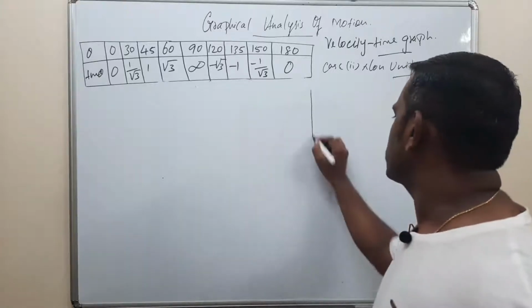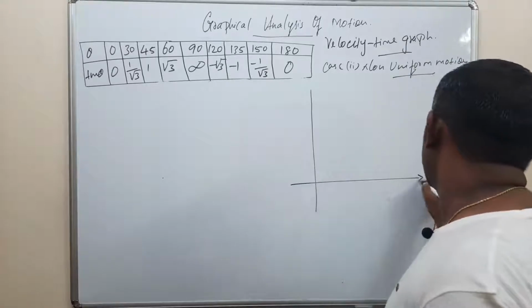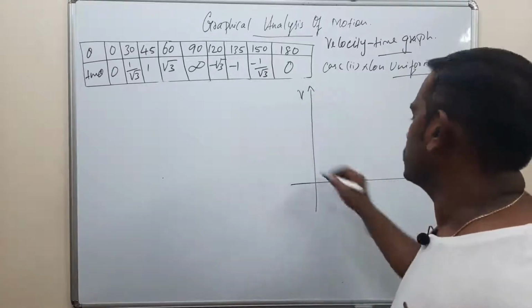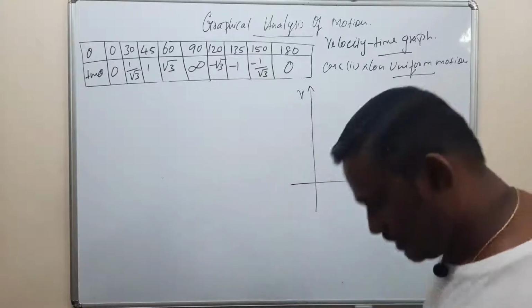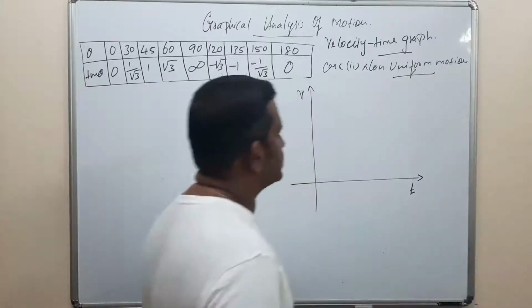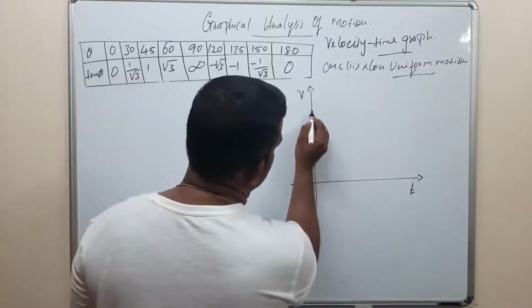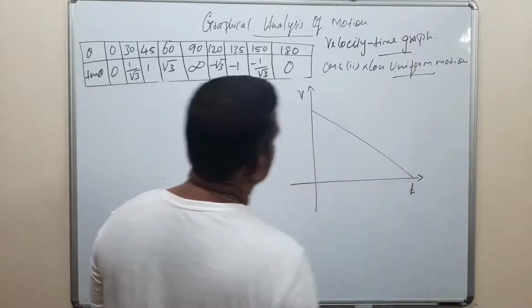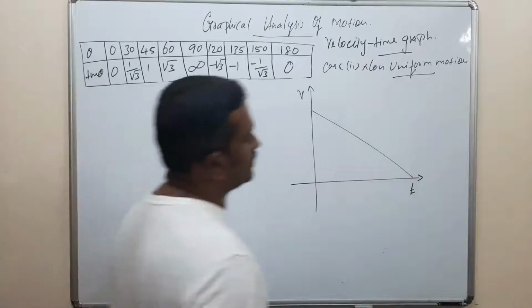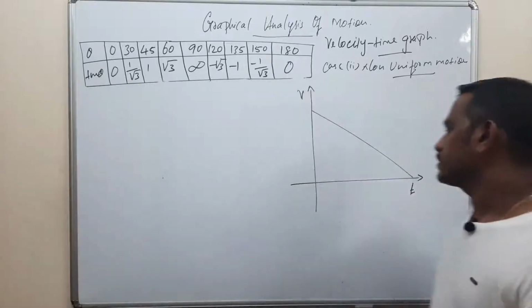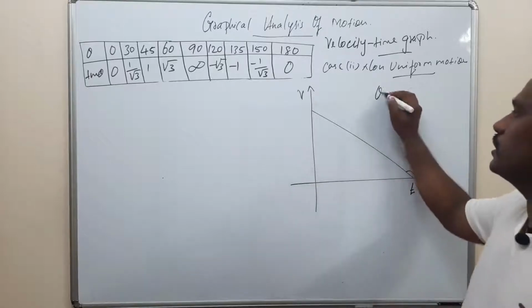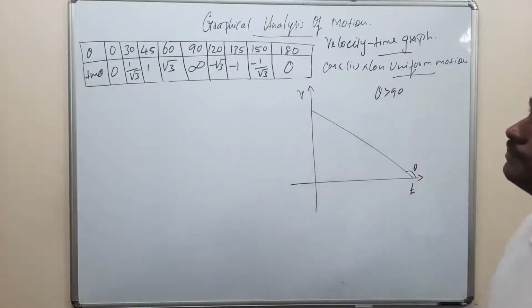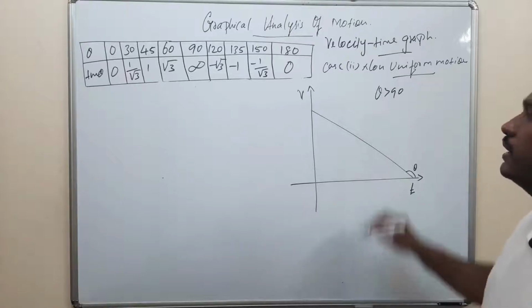Then if the velocity is decreasing, consider the velocity time graph. As time increases, velocity decreases. So theta is greater than 90 degrees.